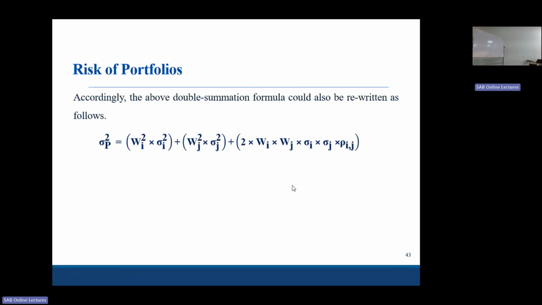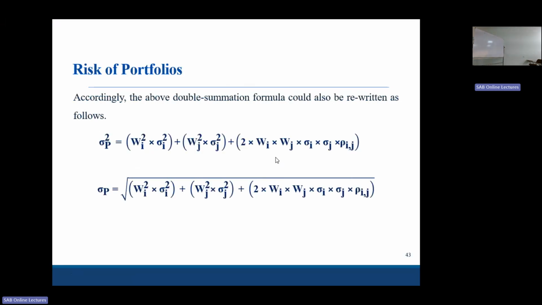In the case of the two asset portfolio, we can calculate portfolio expected return with no problem. That is the weighted average of the individual stocks' expected returns. But when it comes to portfolio risk, we use this double summation approach.